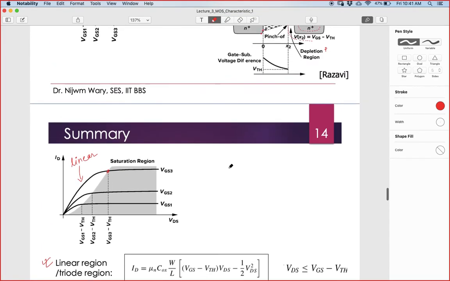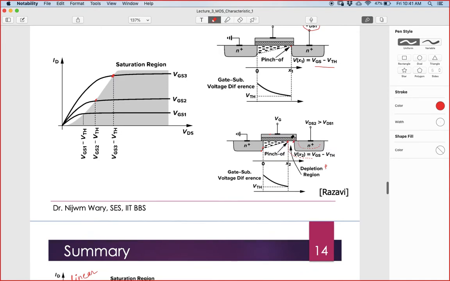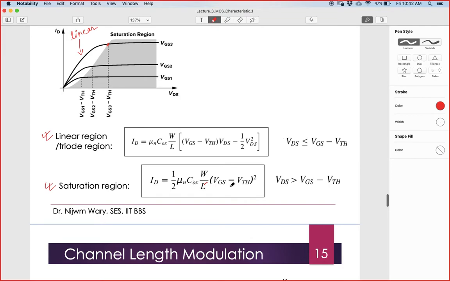Because the length of the channel, whatever the derivation that you have done, has decreased from L. The whole channel length is L, but because of this pinch off, it has decreased to L dash. So I cannot write L here; I have to write L dash. Then only this equation will be valid.